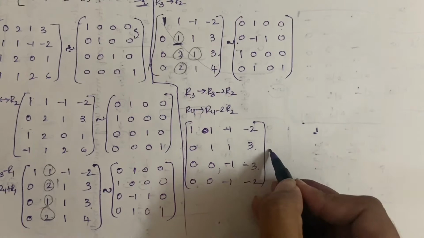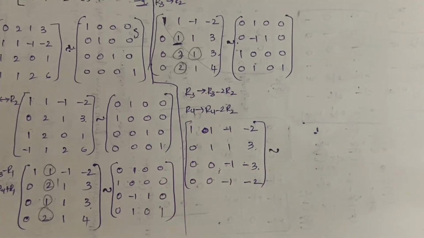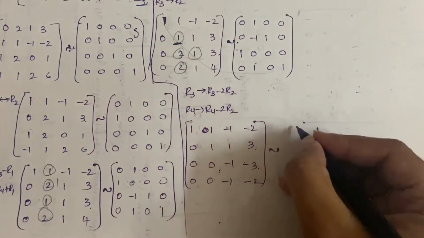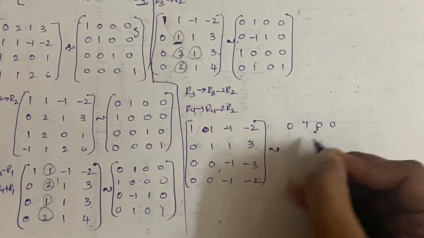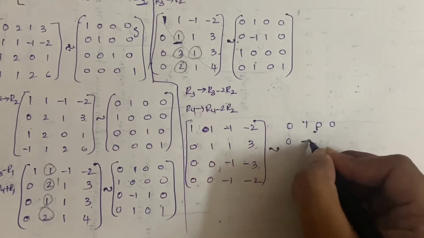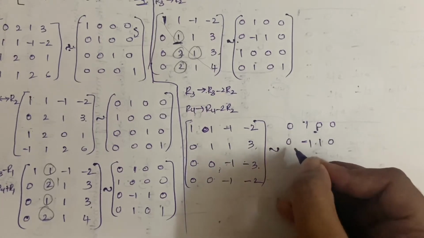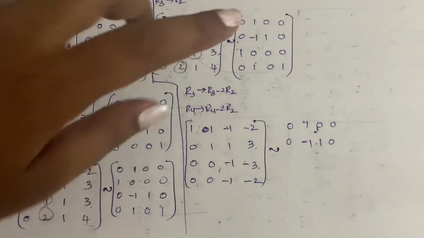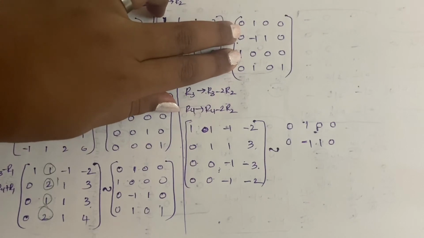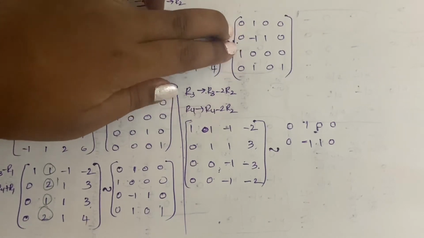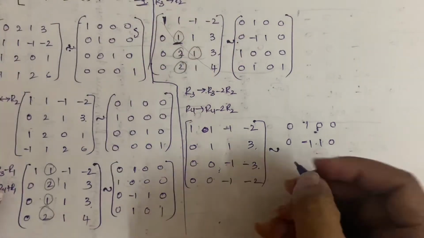Okay, so next, we need to apply the operations on this one, right? See, R1 and R2 as it is, write them as it is quickly. 0. R3 minus 2 R2. Do we have anything here? 0, right? So 1 minus 2 into 0 is obviously 1 minus 0, which is 1 again.